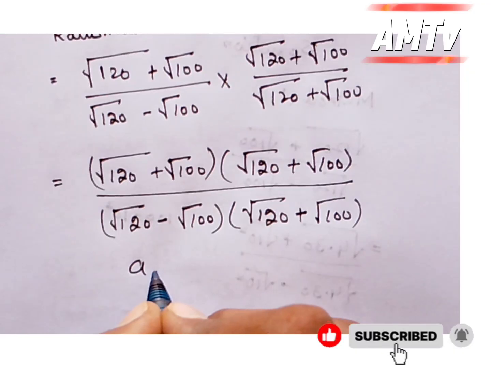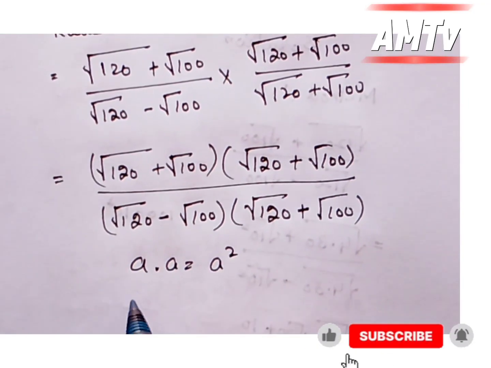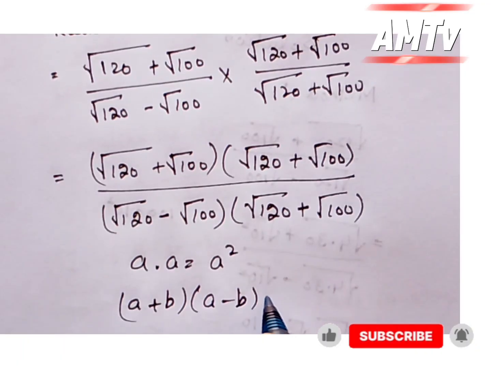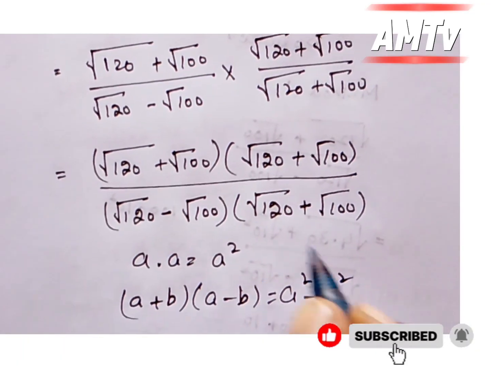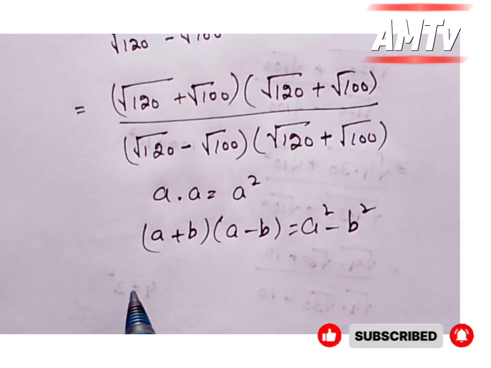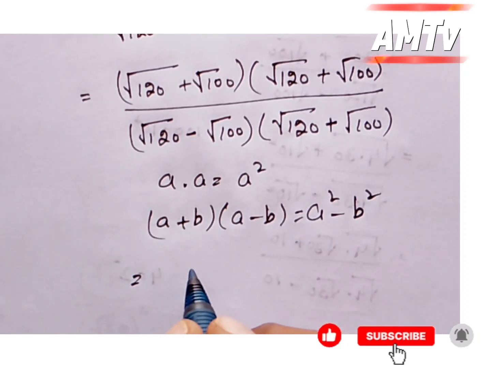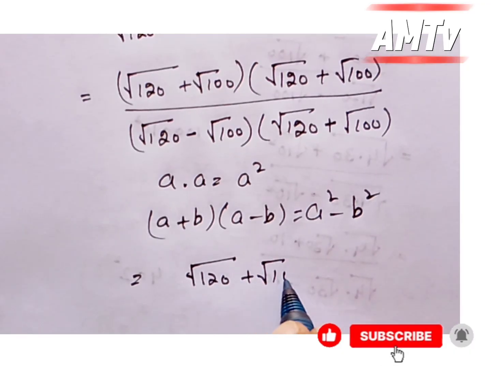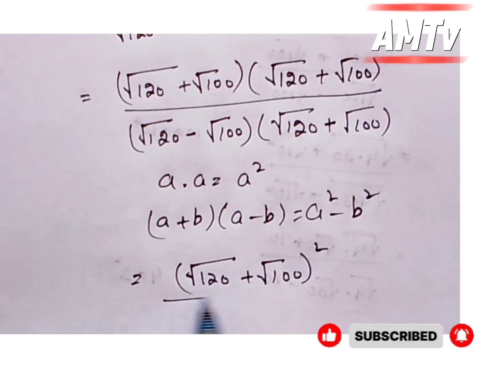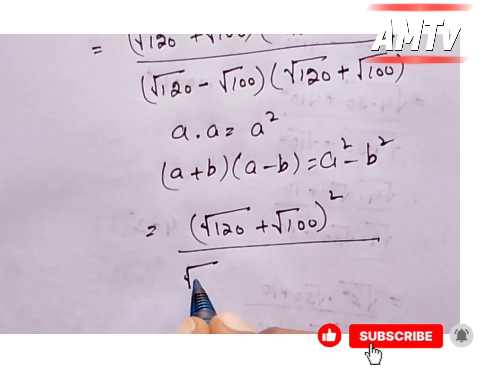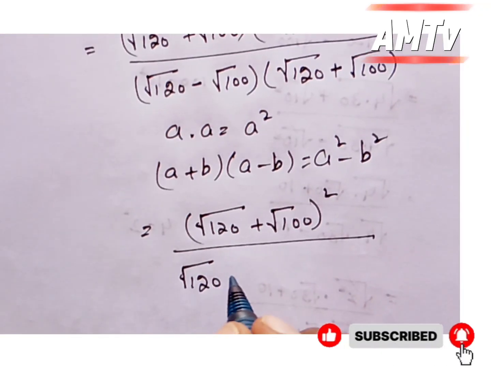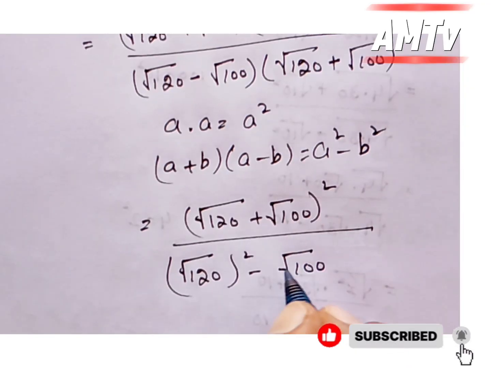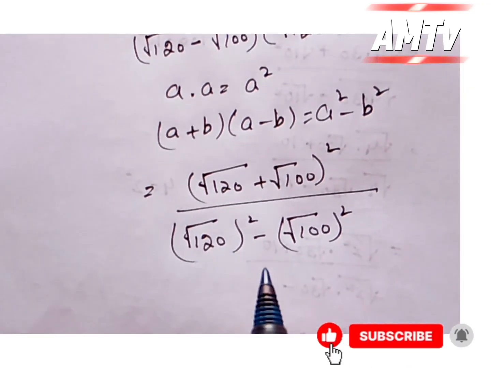Here a into a is equal to a square, and a plus b into a minus b is equal to a square minus b square. We use this to solve this: root 120 plus root 100 all square divided by root 120 square minus root 100 square.